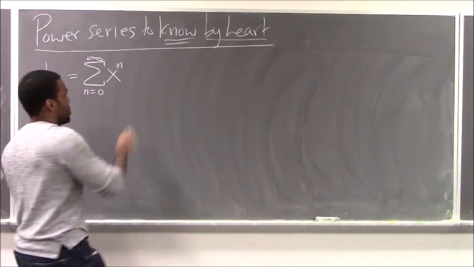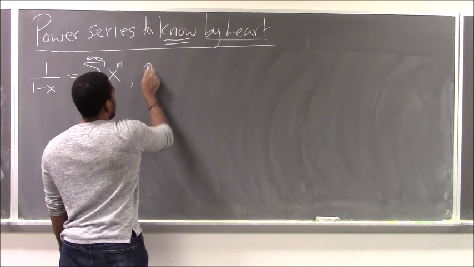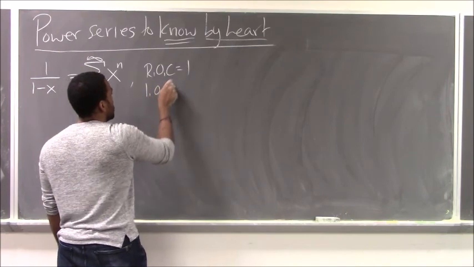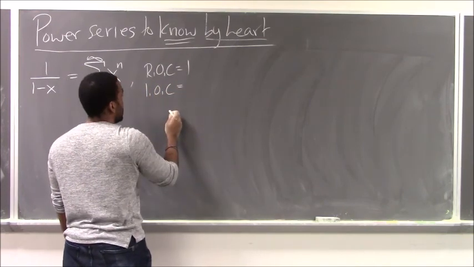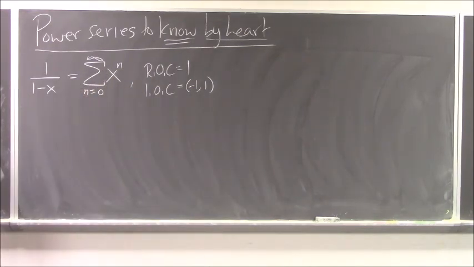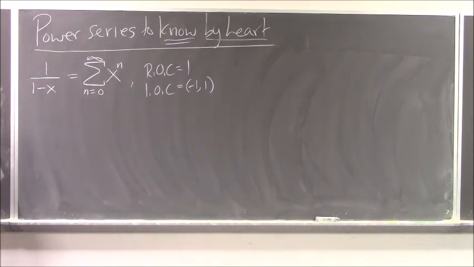We should also know that the radius of convergence for that guy is 1, and the interval of convergence is minus 1 to 1. So it works for all x values between minus 1 and 1, not including the endpoints, which means its radius of convergence is 1. So that's one guy that you should know by heart.